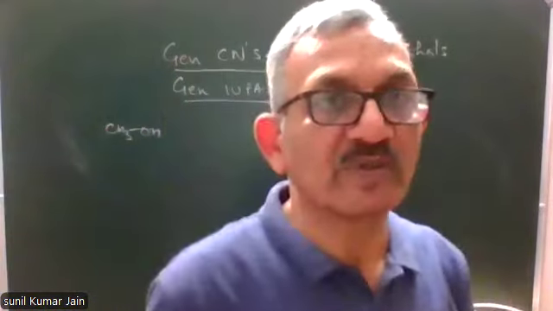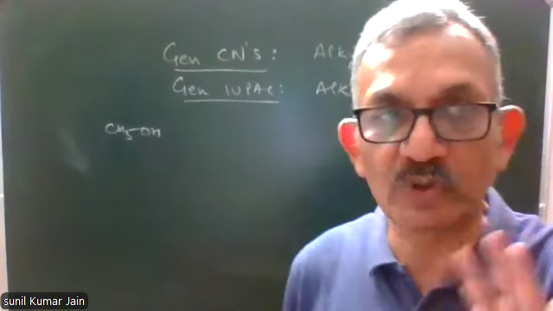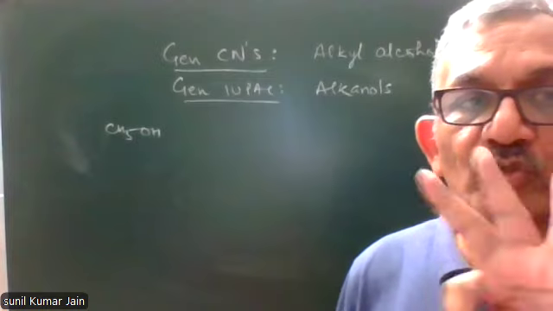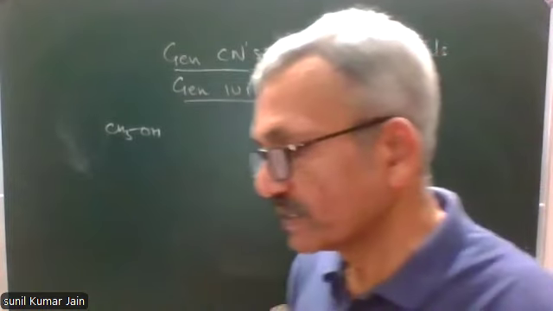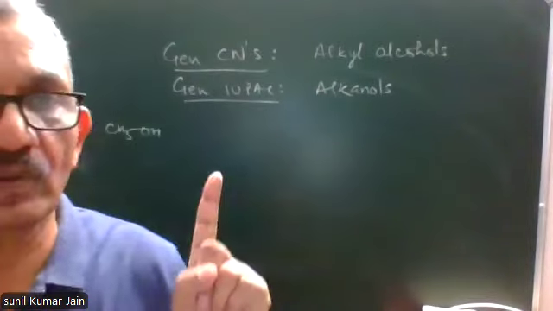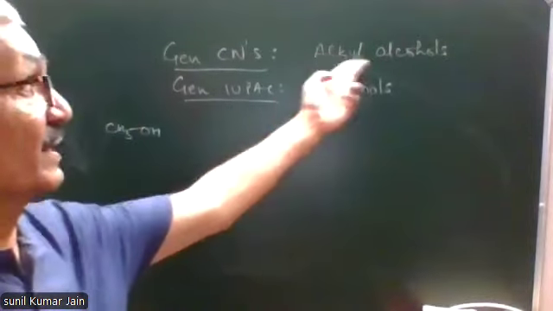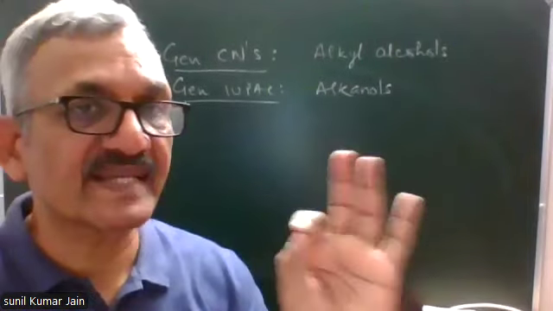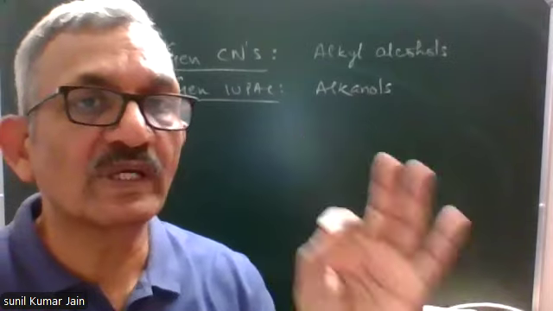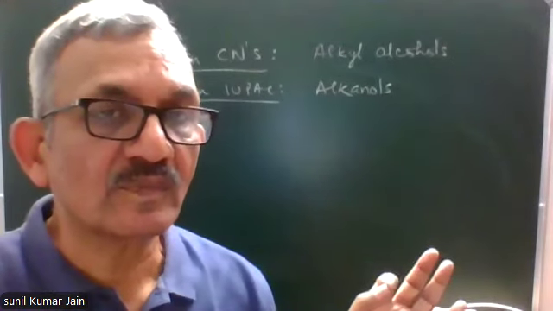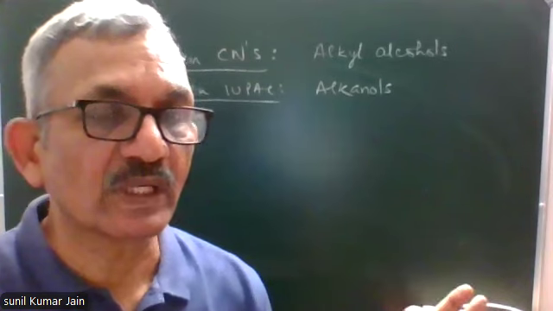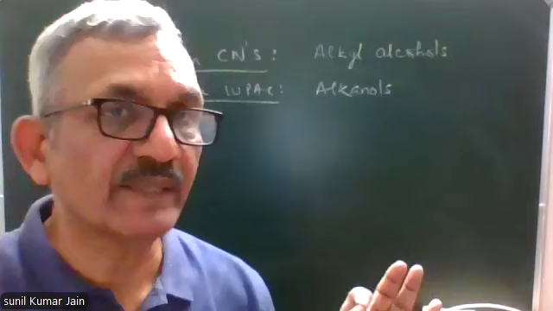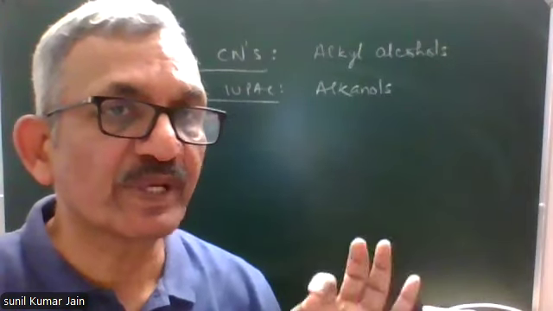The first two compounds, although you'll find them very easy, but you should know the common names. CH3OH has three common names: methyl alcohol, like alkyl alcohol; second, wood alcohol; third, wood spirit.